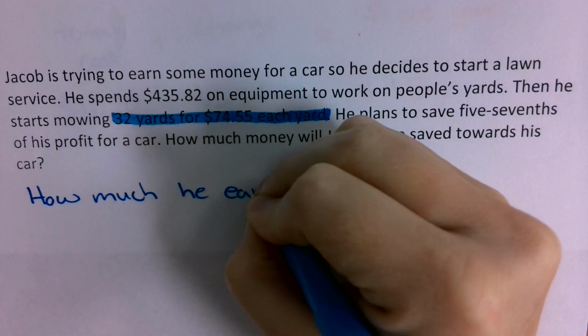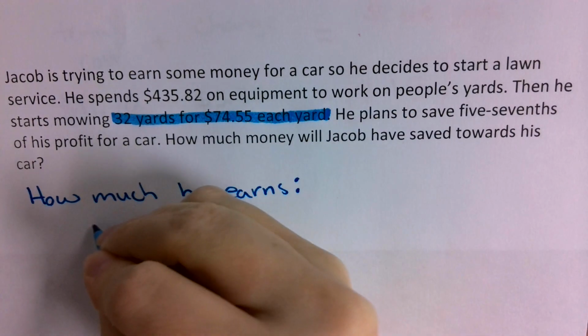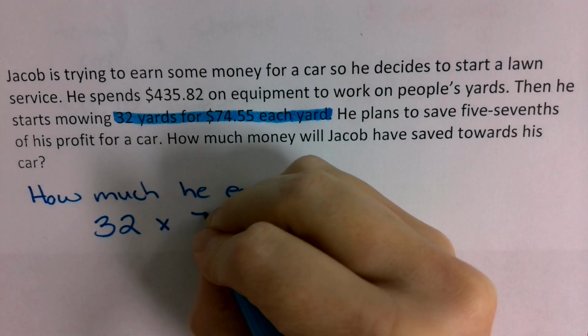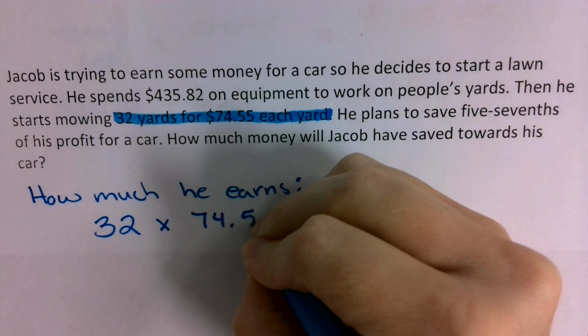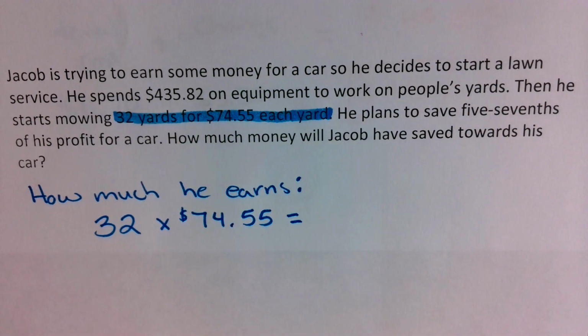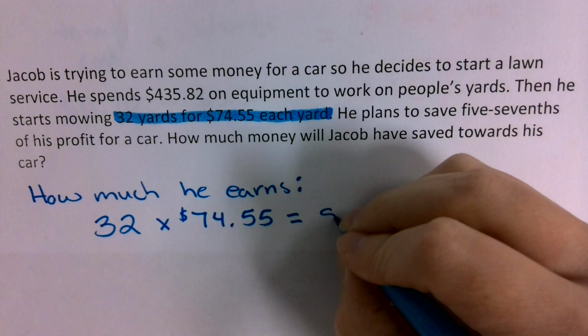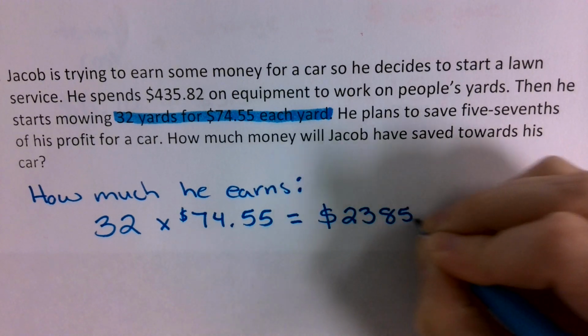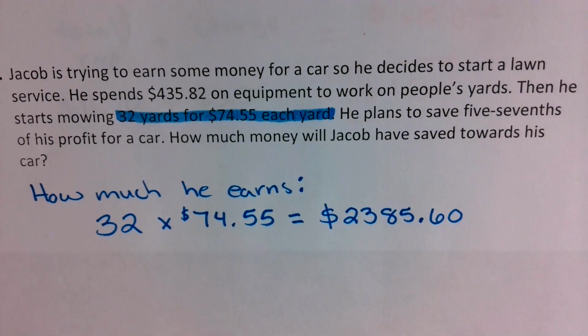We are going to take the 32 yards that he mows and multiply it by the cost that he charges for each yard, $74.55. So we're going to multiply it by 32, and he's going to make $2,385.60. That's how much money he's going to earn.